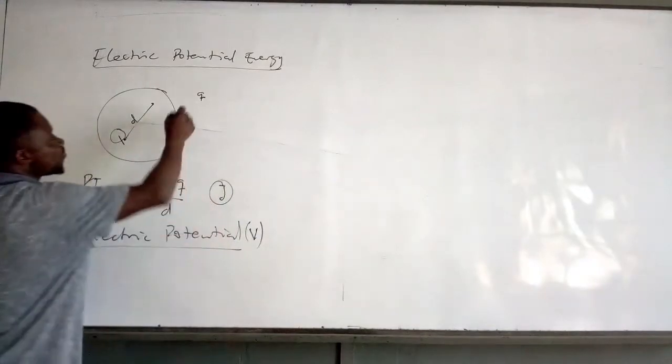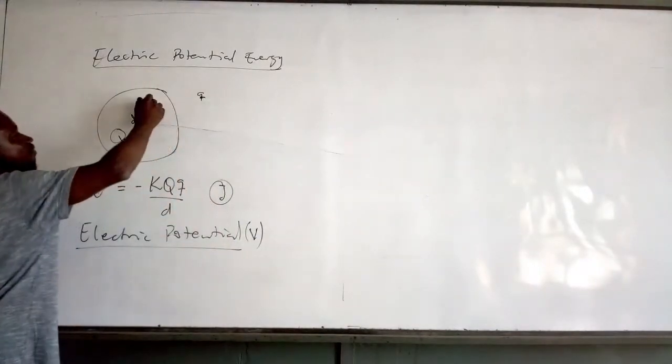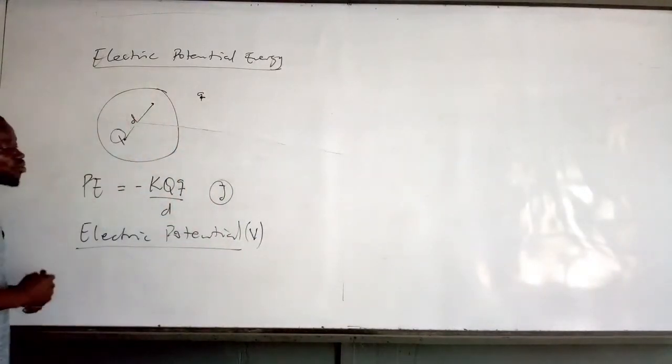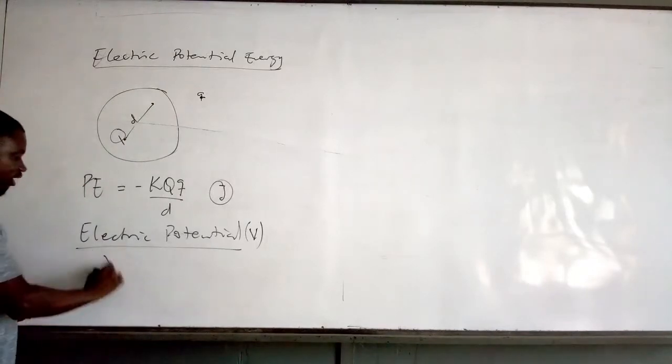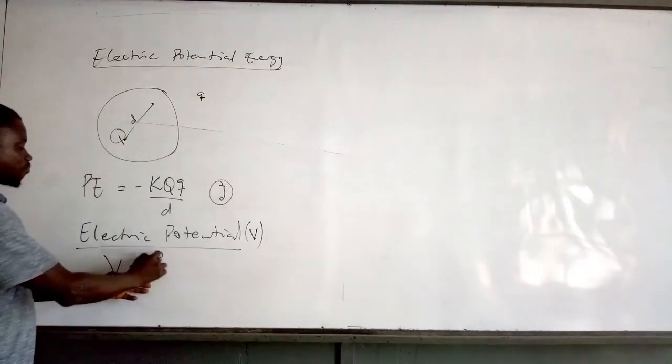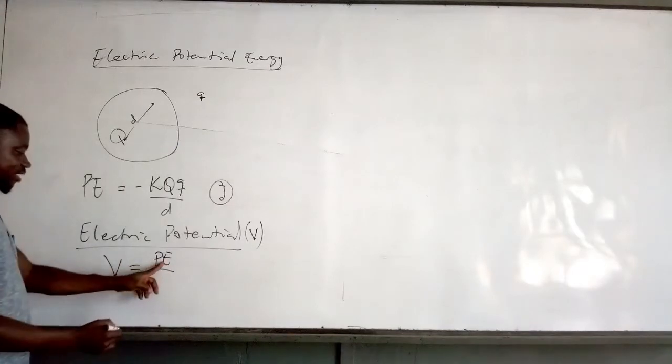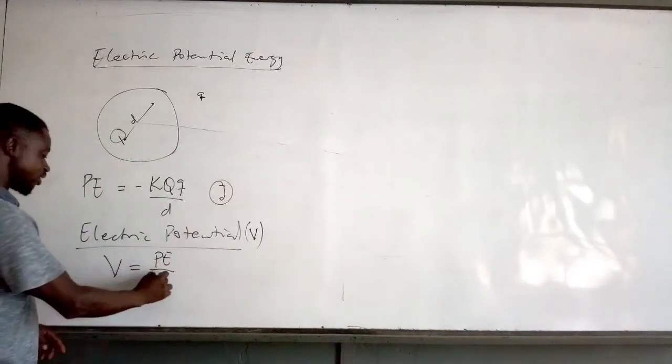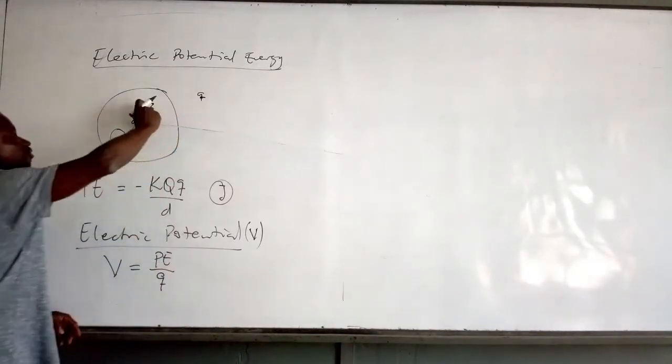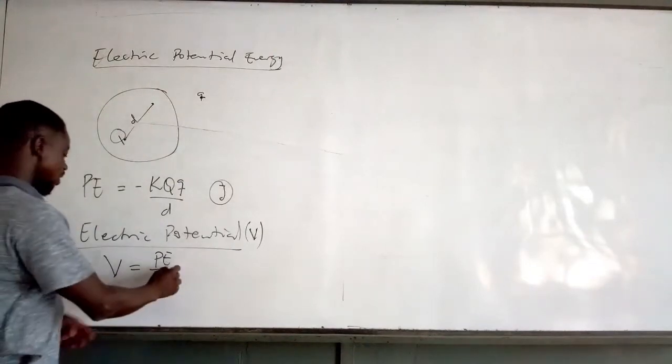So we say that V is the work done per unit charge in moving that charge from infinity to a point in an electric field.